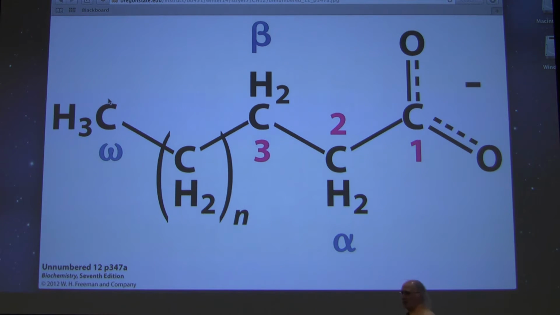This is only a naming system for unsaturated fatty acids. If we count in from the methyl end to the position of the double bond, we would say here's a carbon 1, 2, 3, 4, 5. That would be an omega 5 fatty acid.